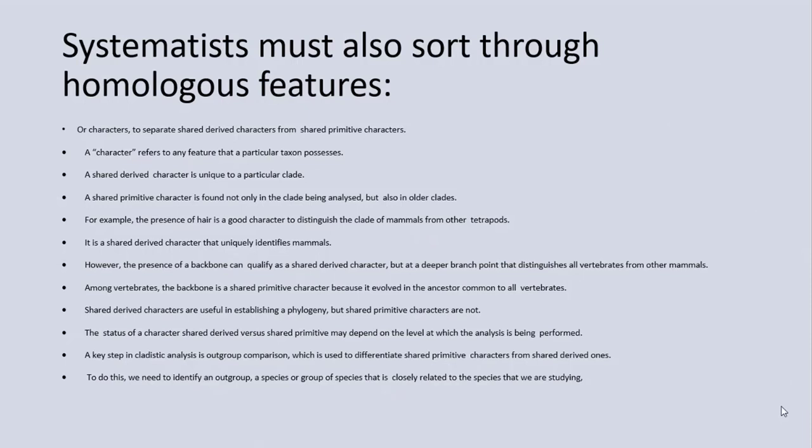Systematics must also sort through homologous features or characters to separate shared derived characters from shared primitive characters. So what we're talking about here, you must ask, why are you telling us all this?